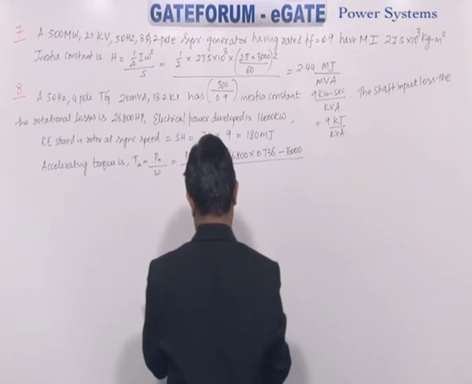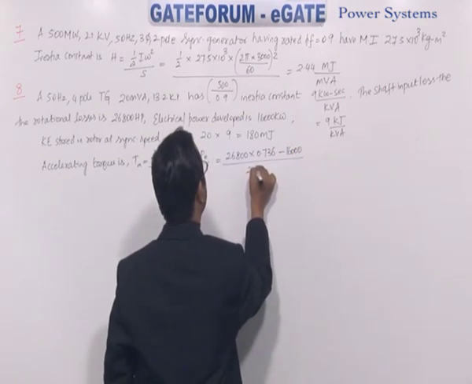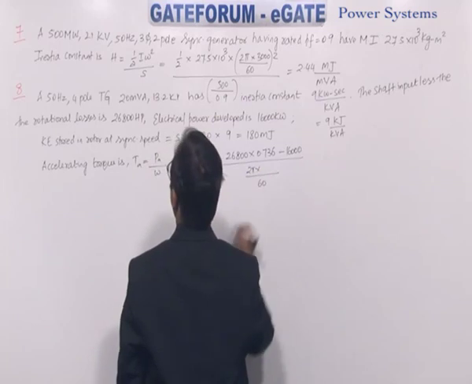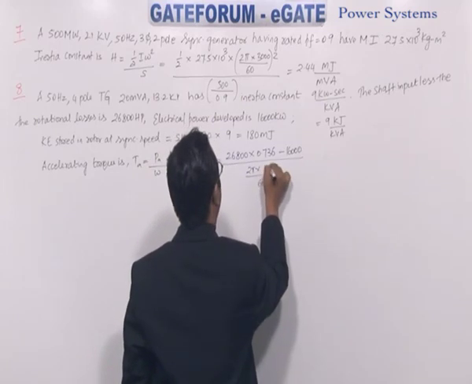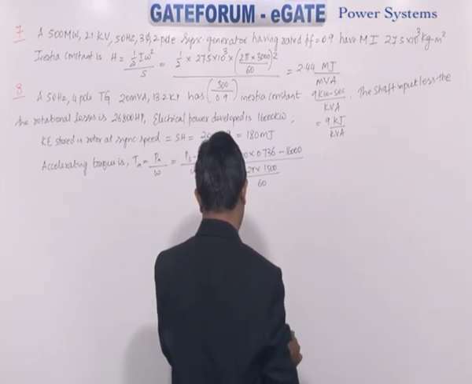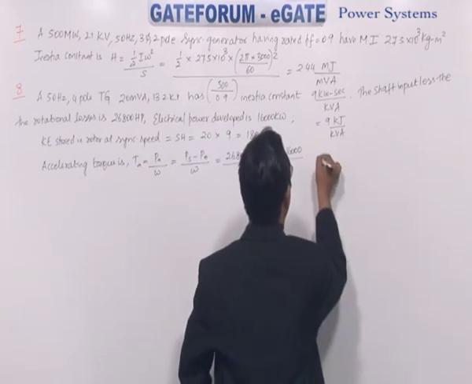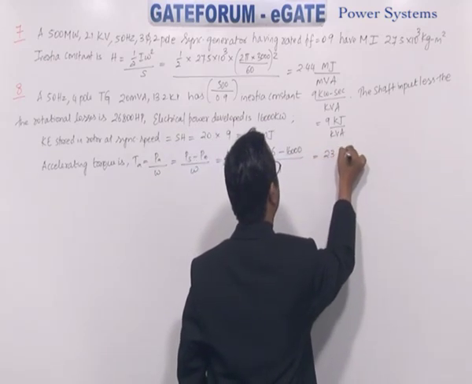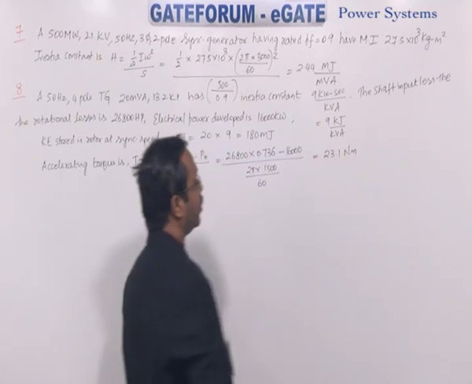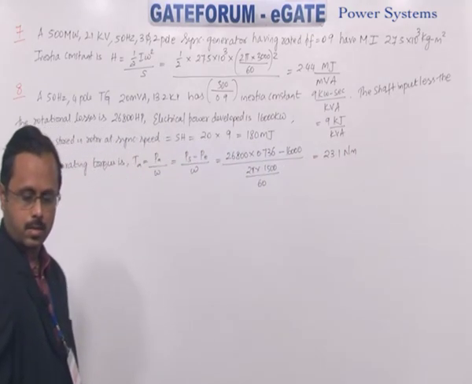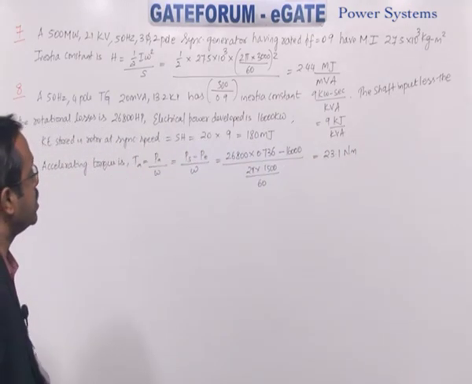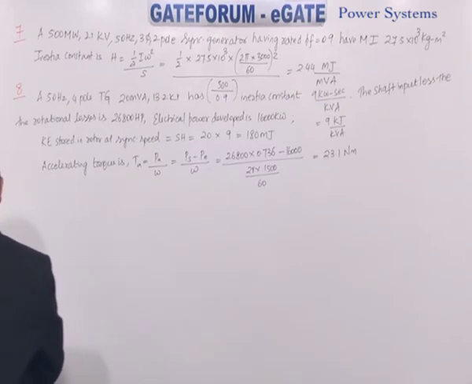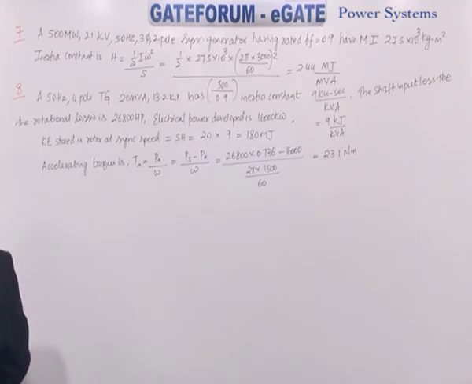Omega is 2 pi n, with n 1500. On simplifying this one, you get the answer 23.1 Newton meters.